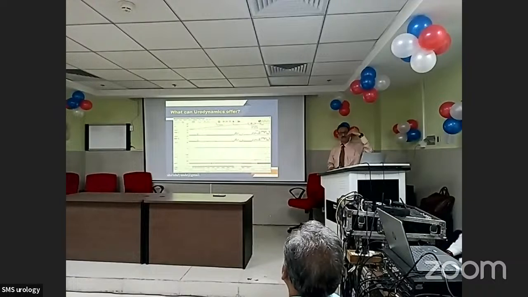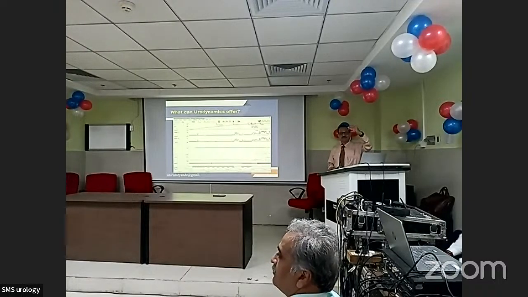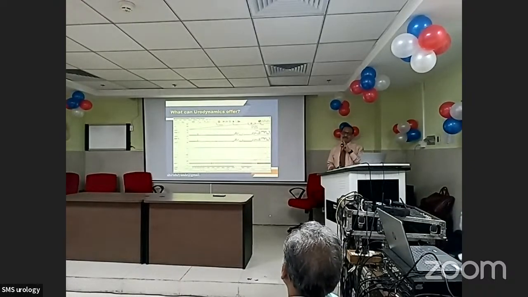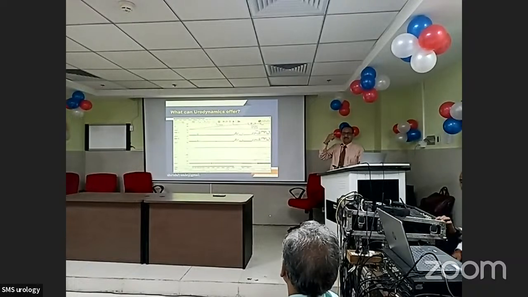Any fracture above L1, up to the level of the cervical spine, produces a suprasacral cord lesion, and DSD is very common in those cases. But if it is suprapontine, such as a cerebrovascular accident or head injury, then the pons is capable of coordinating the sphincter and the bladder, and therefore you don't see DSD in suprapontine lesions.